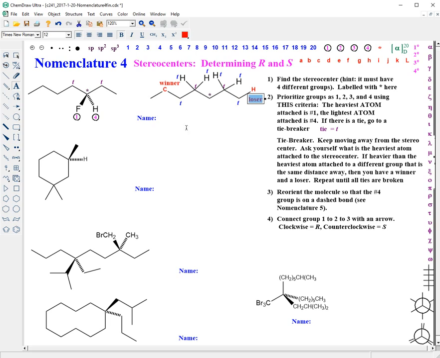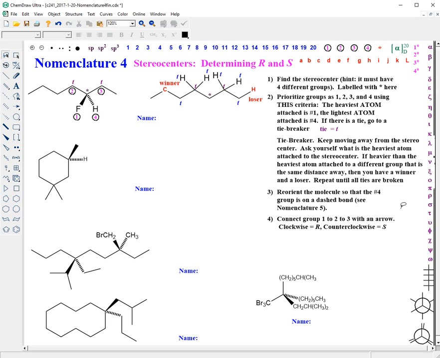Which means we go back to our original stereocenter and we give a higher priority to this carbon to the left than this carbon to the right. Winner on the left, loser to the right. We have decided our 2 and our 3. So you've finished with part 2. Even the tiebreaker part.